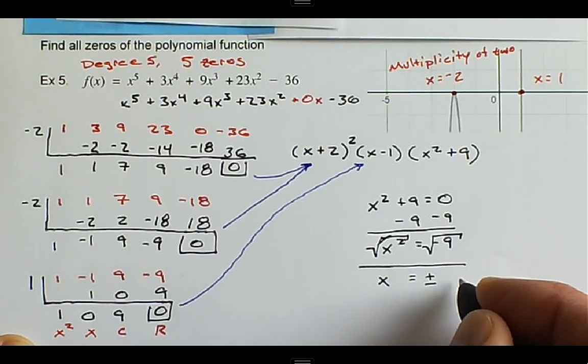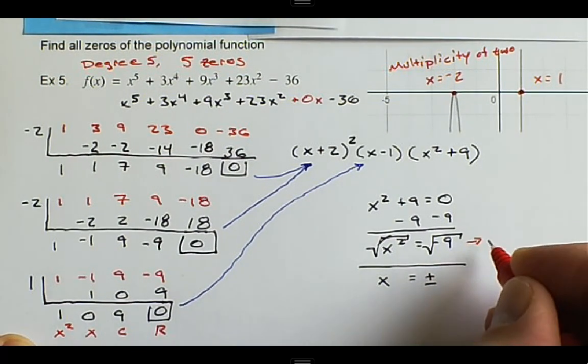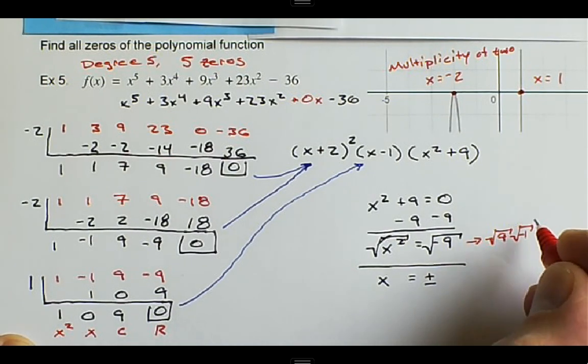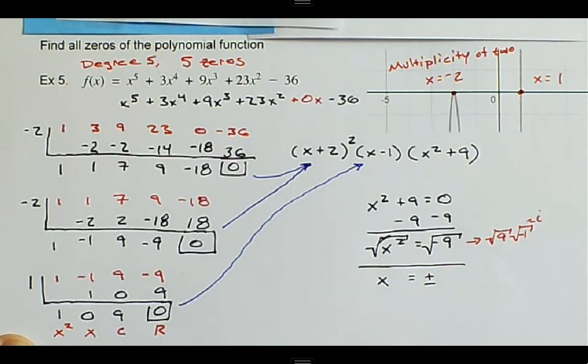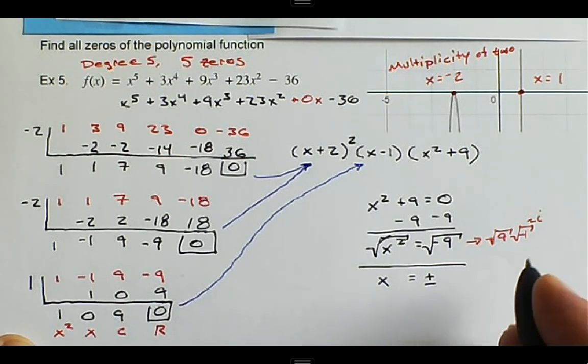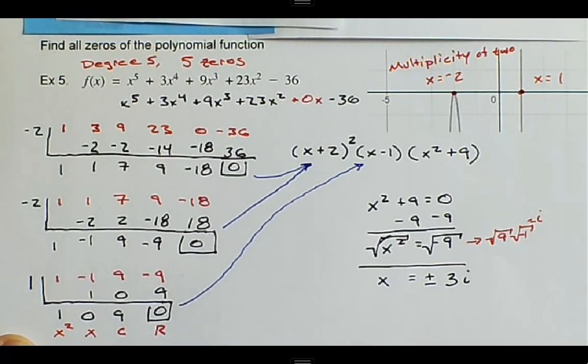And then we can rewrite our radical as the square root of 9 times the square root of negative 1. And we know the square root of negative 1 is i. So the square root of 9 is 3, and the square root of negative 1 is i. So that accounts for our last two zeros.